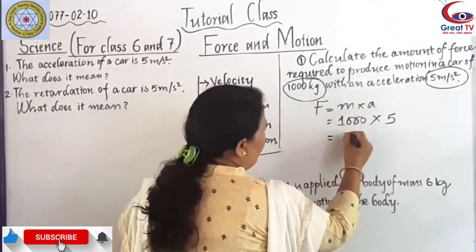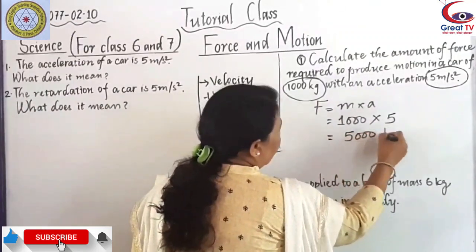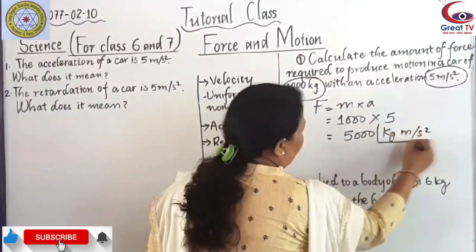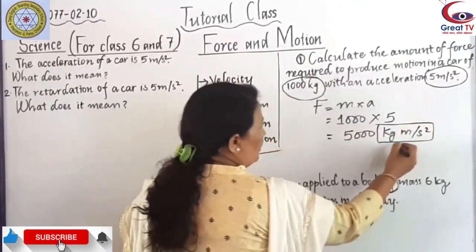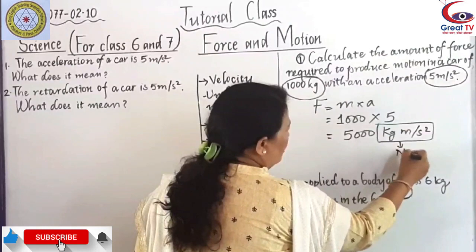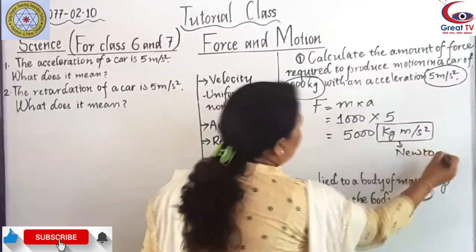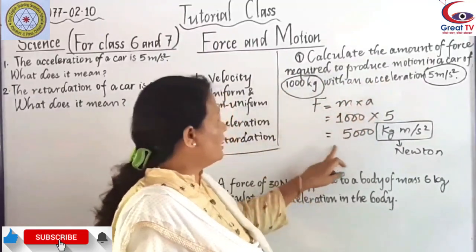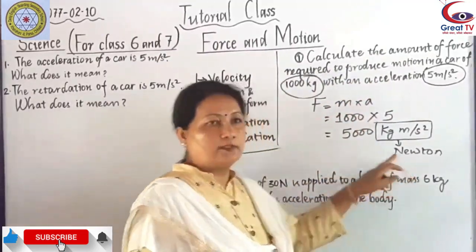That means 5000 kg meter per second square. Kg meter per second square is Newton. So the force required to produce motion in a car is 5000 Newton.